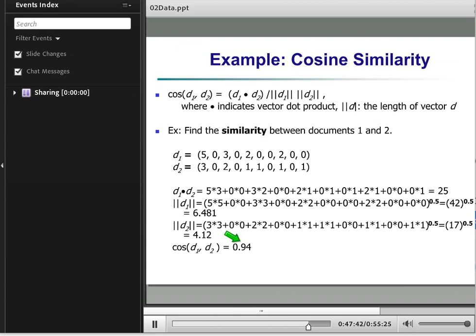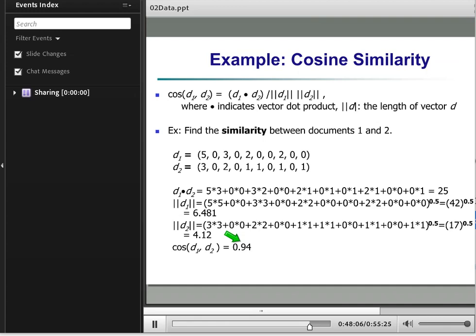As we talked about in the last session on Sunday, similarity is a value between 0 and 1. 0 means that there is no similarity between two objects, and 1 means that two objects are completely similar.